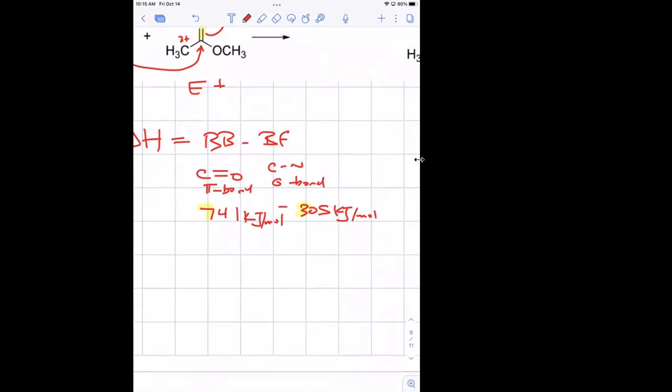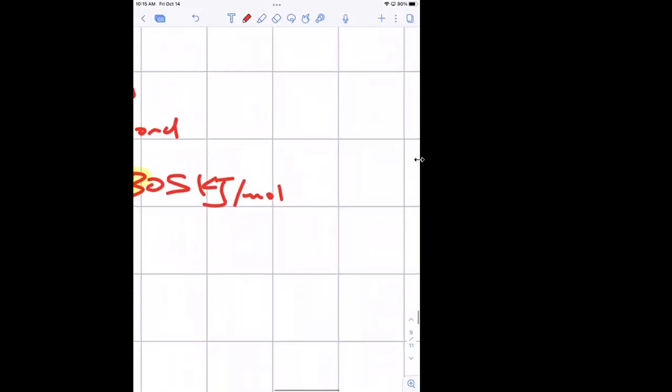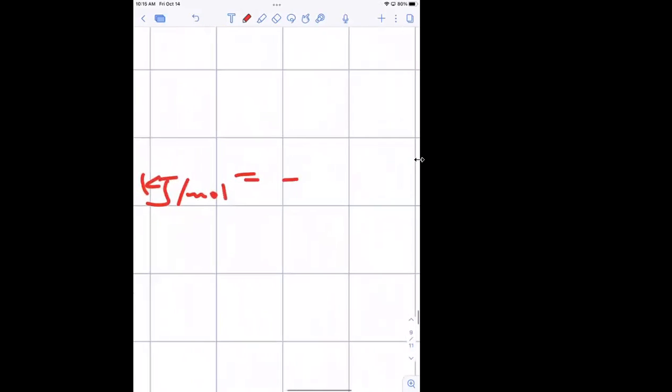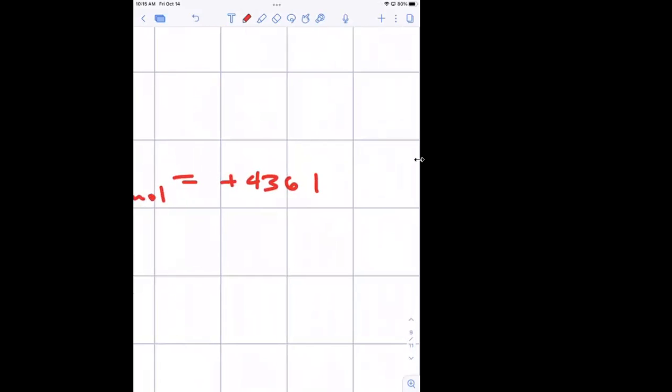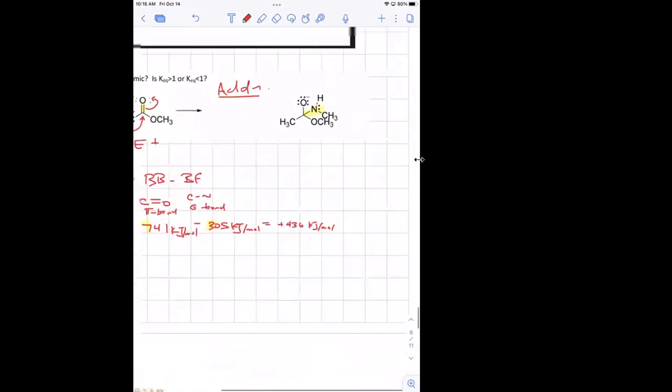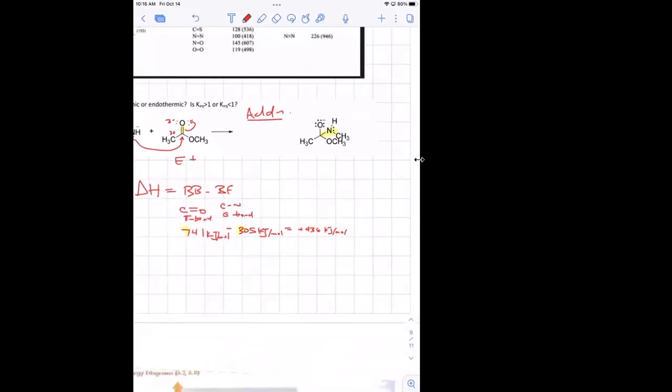The sign of the number is going to tell us if it's endo- or exothermic. So delta H for this reaction is positive 436 kilojoules per mole. I went from a strong CO pi bond to a weak CN sigma bond.